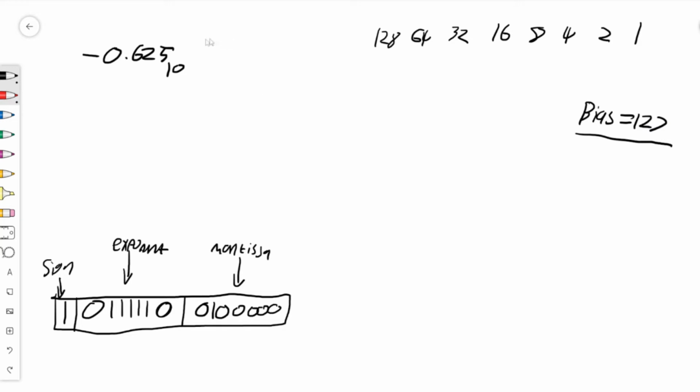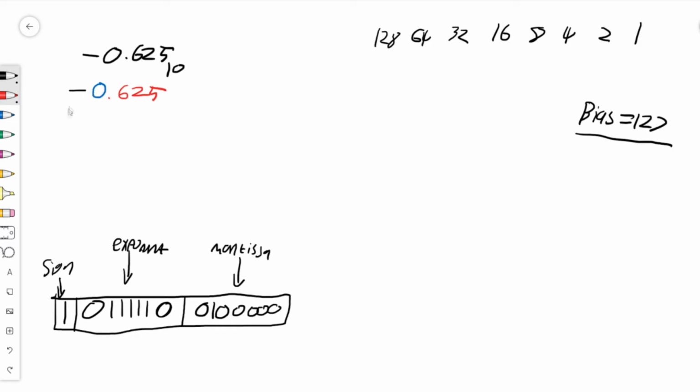So now we're going to colour coordinate our number in order to be able to work through this more effectively. The first thing we need to know is what our sign is. The sign of a number is simply the representative of if the number is positive or negative.